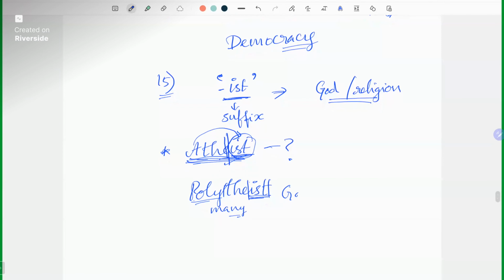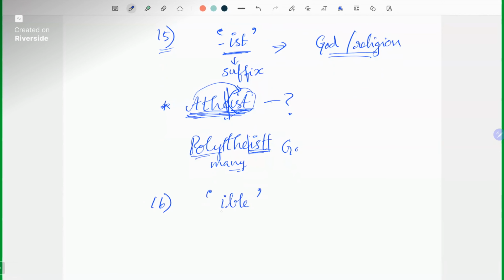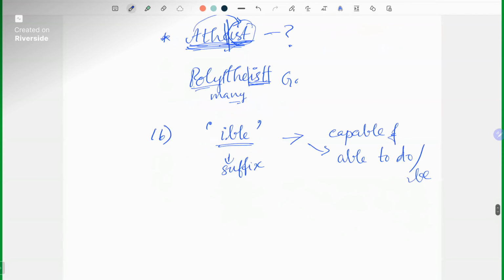Example, in Hinduism. The root word ible, mostly it is used as a suffix, capable of, or able to do, or able to be. That is the meaning.